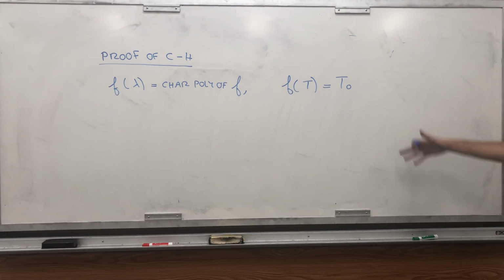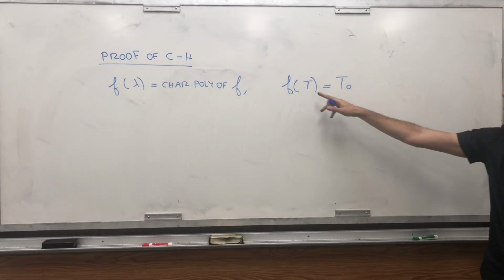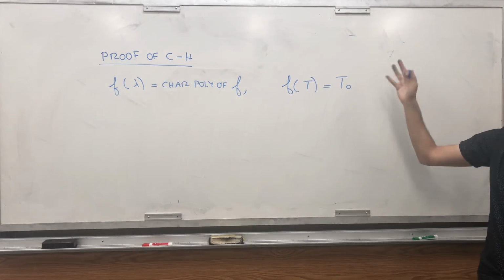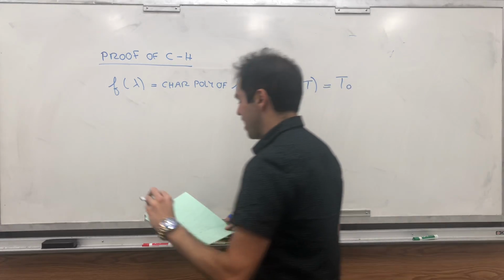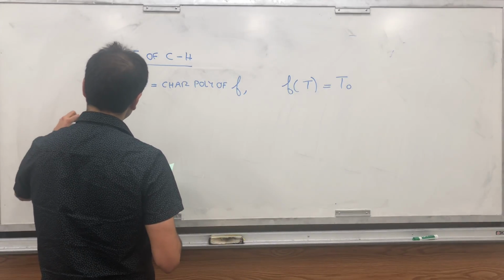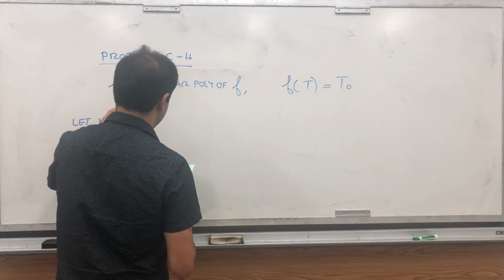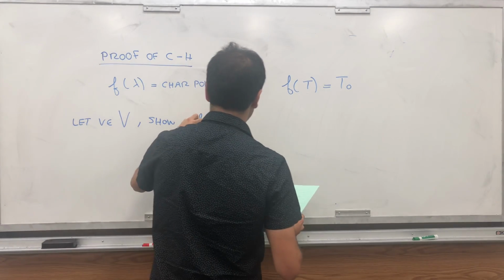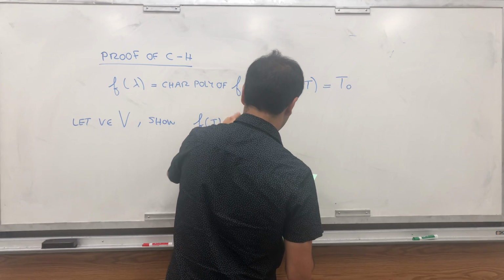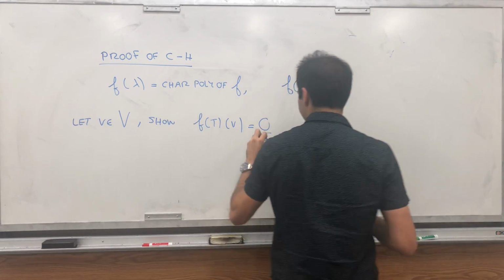So the matrix analog is if you have a matrix, f of that matrix equals the zero matrix. So it's entirely similar. In other words, what do we want to show? Let v be in V, then show that if you apply f(T) to v, you get the zero vector.